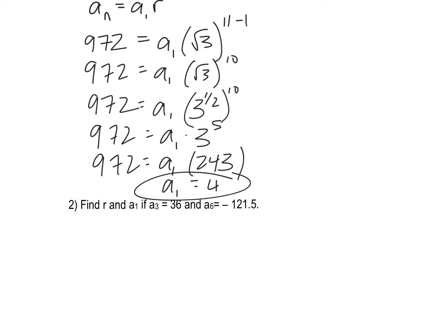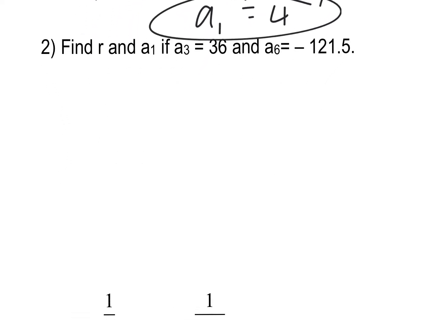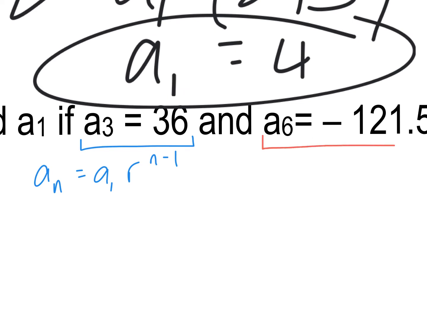Let's look at number 2. We've got a similar situation where I have a formula. I'm supposed to find r and a sub 1, and I'm just given 2 different terms. So remember what we did in class when we did this problem together? I wrote one equation using that stuff, and I'm going to write a second equation using this stuff.